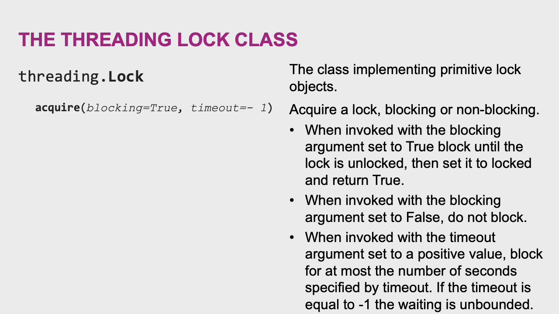If the lock was already acquired by another thread and the acquire is blocking, the second thread attempting at acquiring the lock is blocked for an indefinite amount of time, as long as the other thread is keeping the lock.